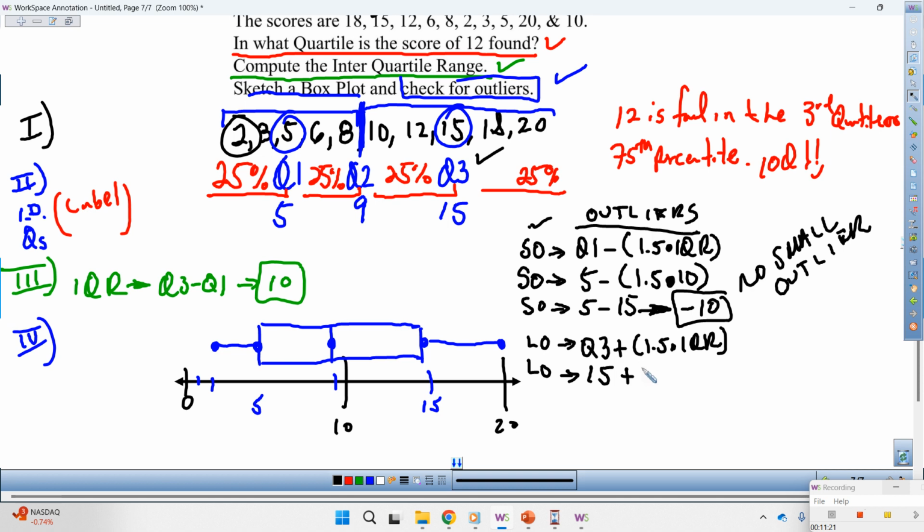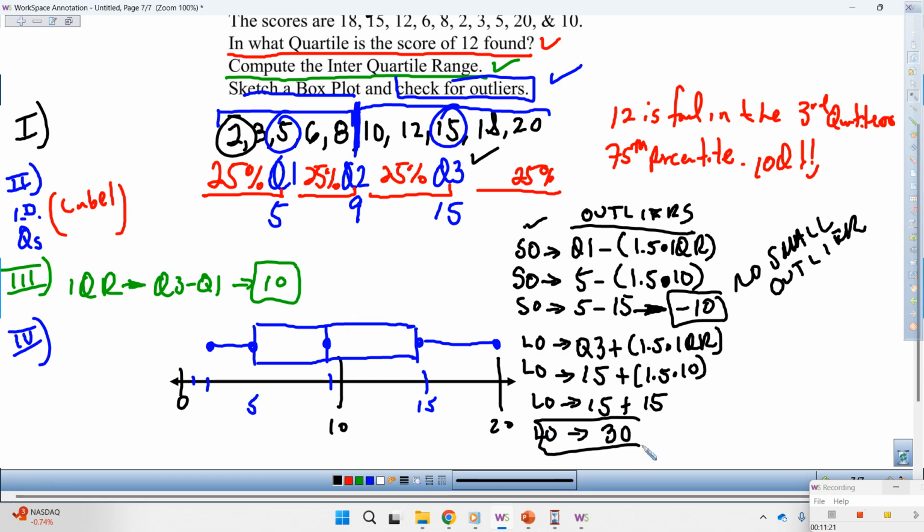Plus 1.5 times the IQR again is 10. Large outlier is 15 plus 15. Large outlier is 30. Question. Are there any of these data greater than 30? No, so that means there are no large outliers.